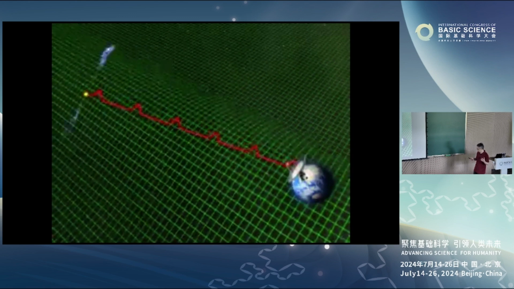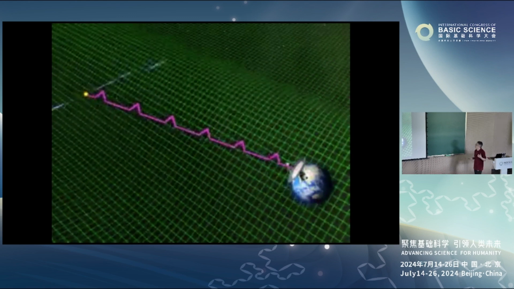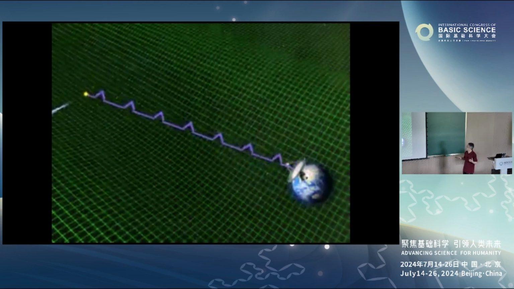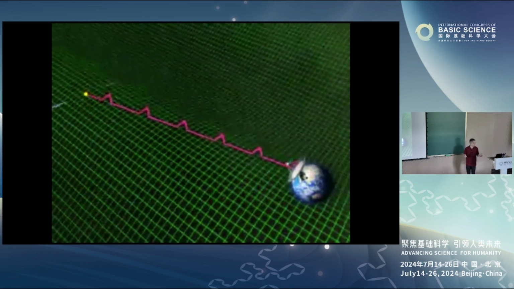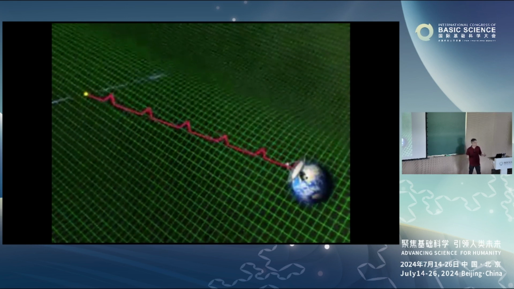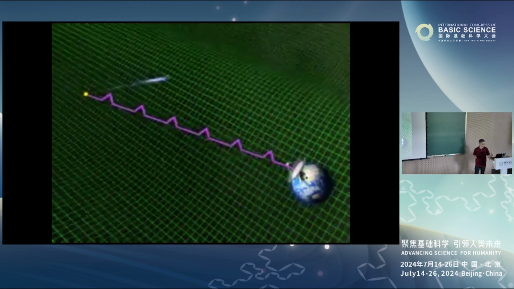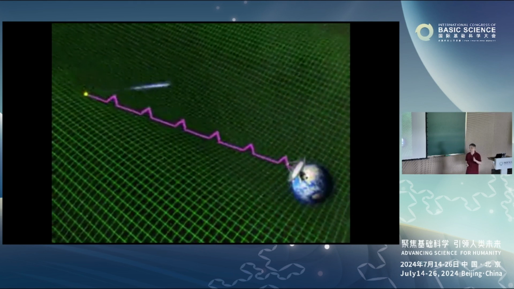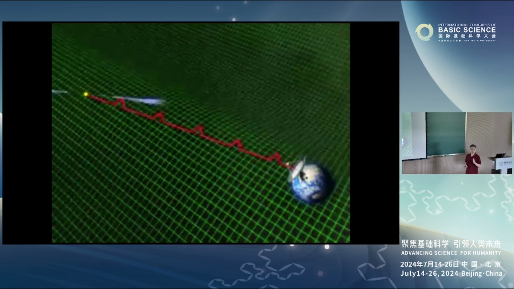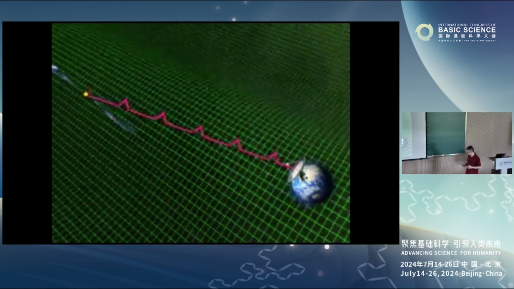Then we can measure the pulses from pulsars to detect such low frequency gravitational waves generated by supermassive black hole binaries far away from Earth. This is the basic idea for detecting low frequency gravitational waves by using a pulsar timing array.